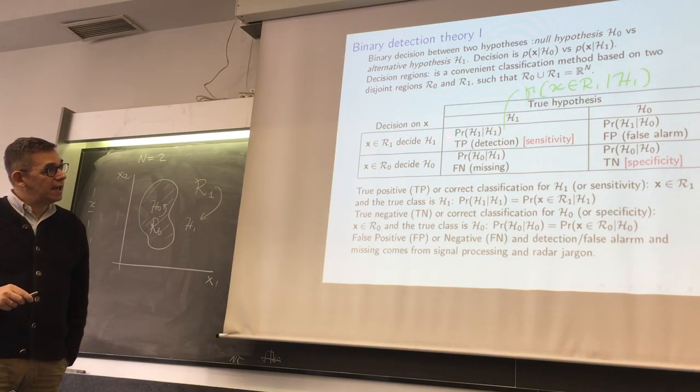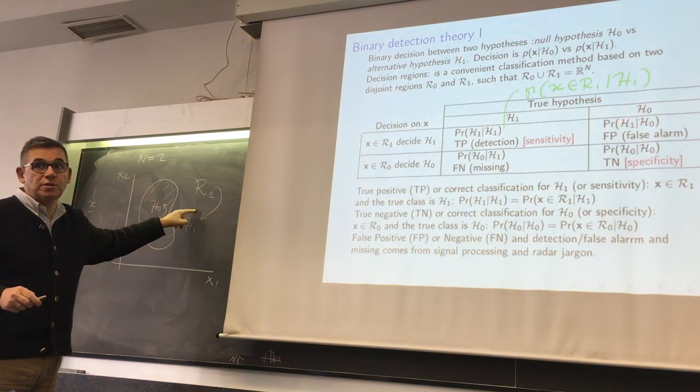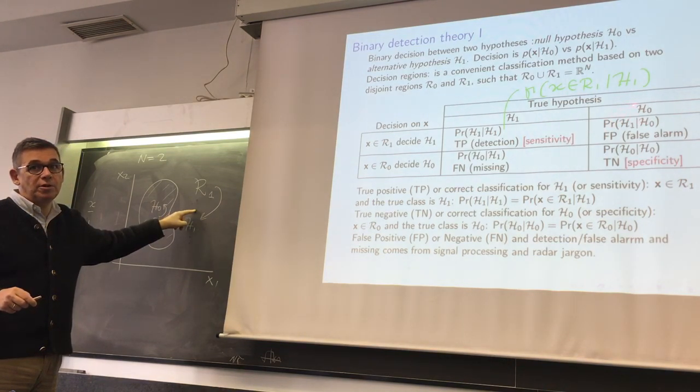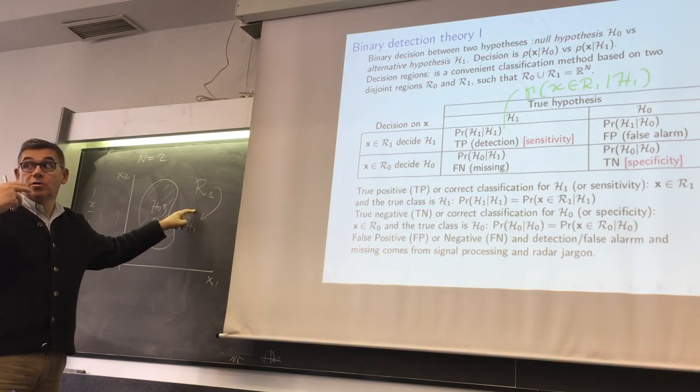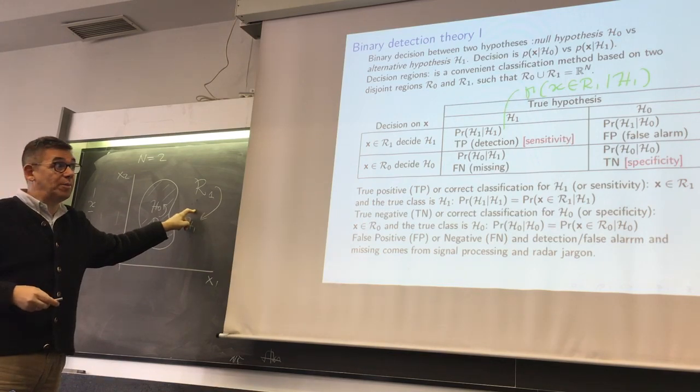Now, if I decide in H1, but the model was generated from H0, then I make what is called a false alarm. Why false alarm? Because it comes from the radar jargon. Assume that I have no echo, I have no enemy, and they decide that there is an enemy. Then I make a false alarm.